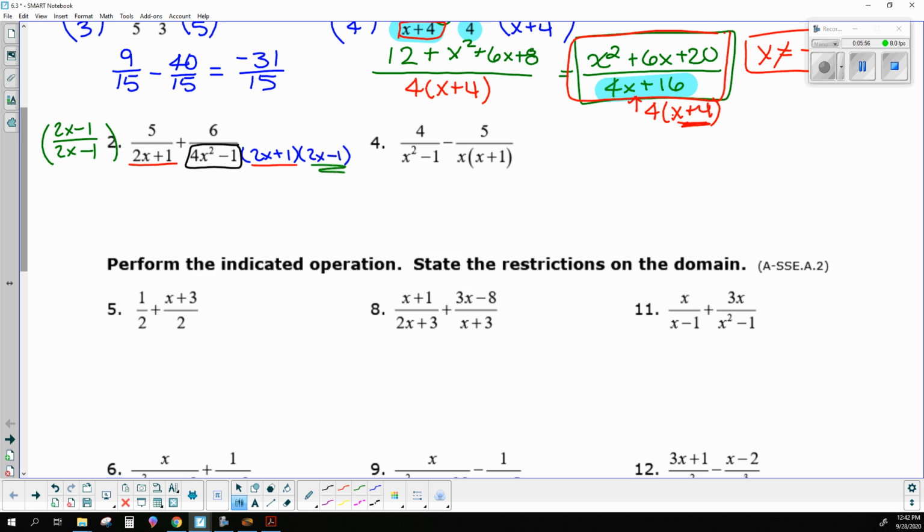That is the common denominator. So when we clean up the first one, we're going to distribute that 5, and we're going to add the 6 from the second one. And our common denominator we just talked about was the 4x squared minus 1. So we clean this all up.